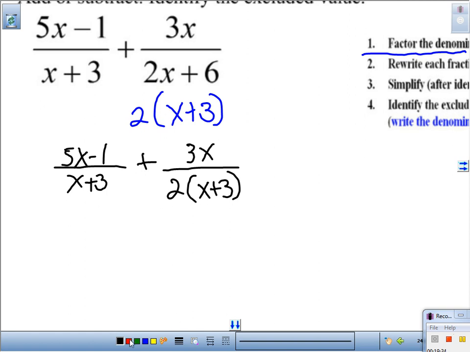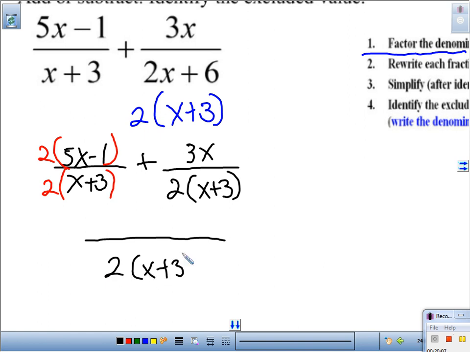Chelsea, pass to someone? Monte, what do I do next? Multiply the other fraction times 2, so 2 here and 2 there. So now do we have a common denominator? Yes, our common denominator is 2 times x plus 3.